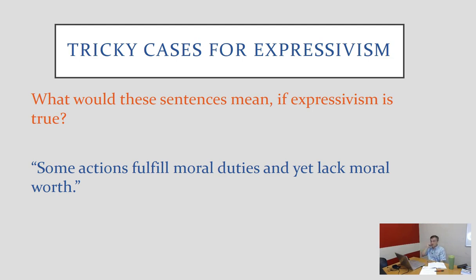So you could fulfill a moral duty on a Kantian theory and say, okay, no, the duty is categorical. There are categorical reasons to never lie. And so you tell the truth to the killers. It would be reasonable to say then that the action lacks moral worth, because it ends in some wrong being done to an innocent person.